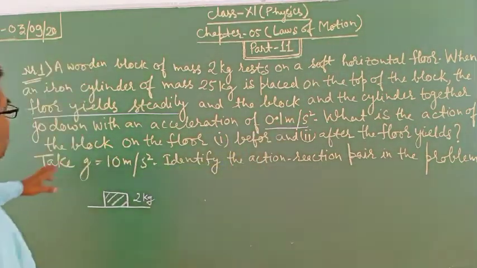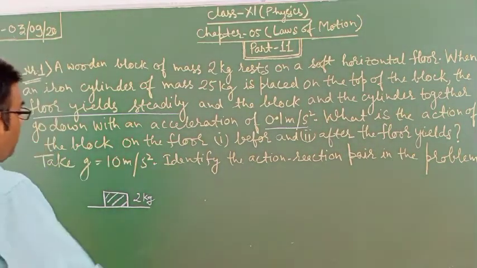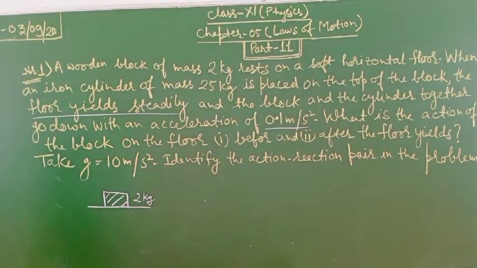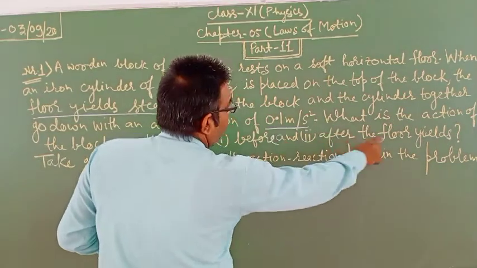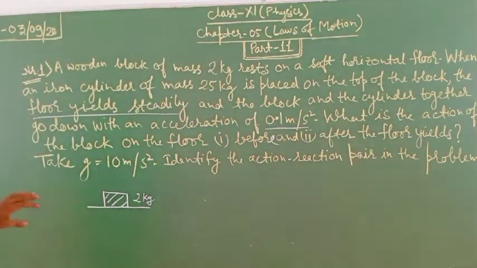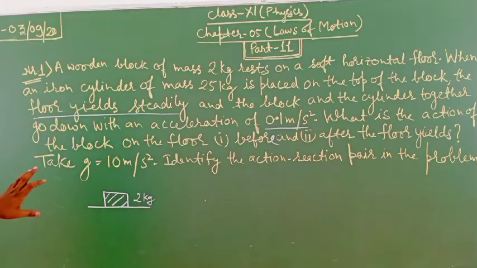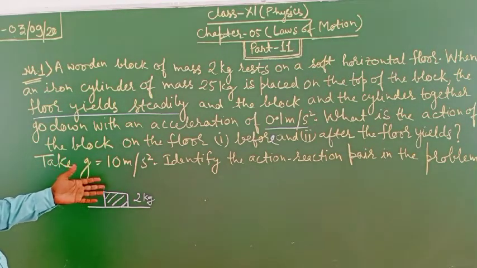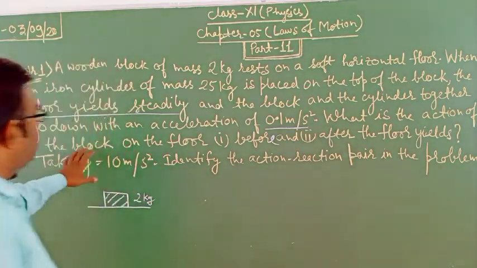What is the action of the block on the floor? First of all, you have to calculate the action of the block on the floor before and after the floor yields. Before means when the 25 kg mass is not placed over the 2 kg block.